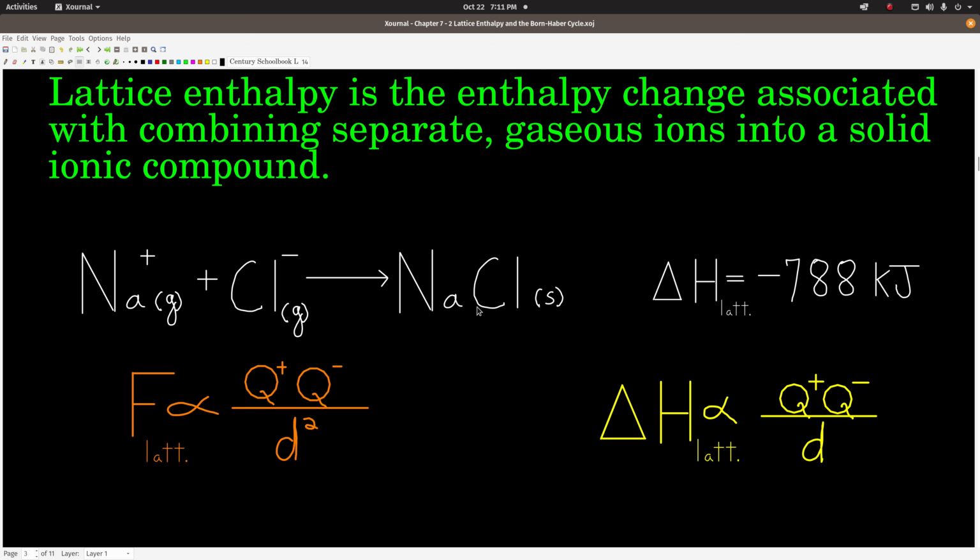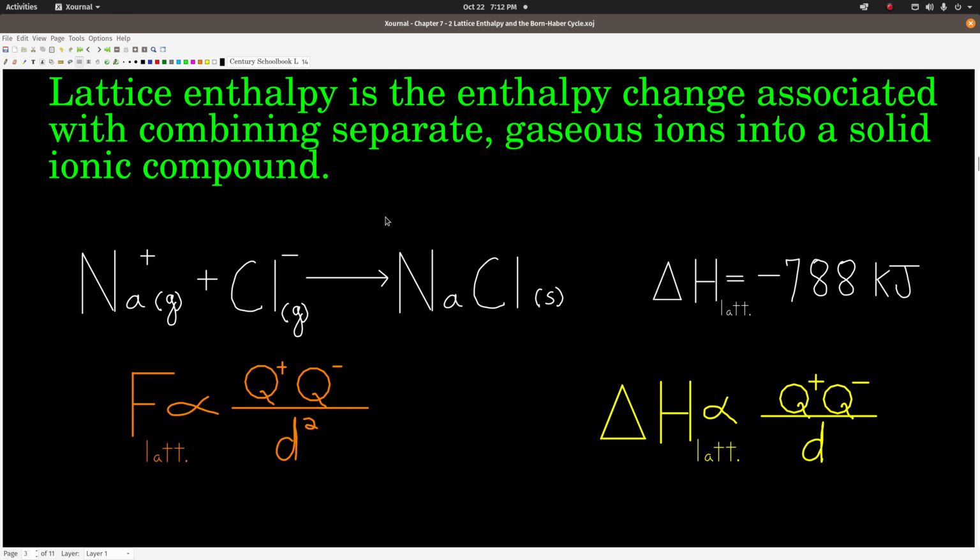Now, a couple things about lattice enthalpy, guys. First is, I'd say about half of the textbooks that you see define it the opposite way: the amount of energy required to break apart the solid ionic compound into its constituent ions in the gaseous state.